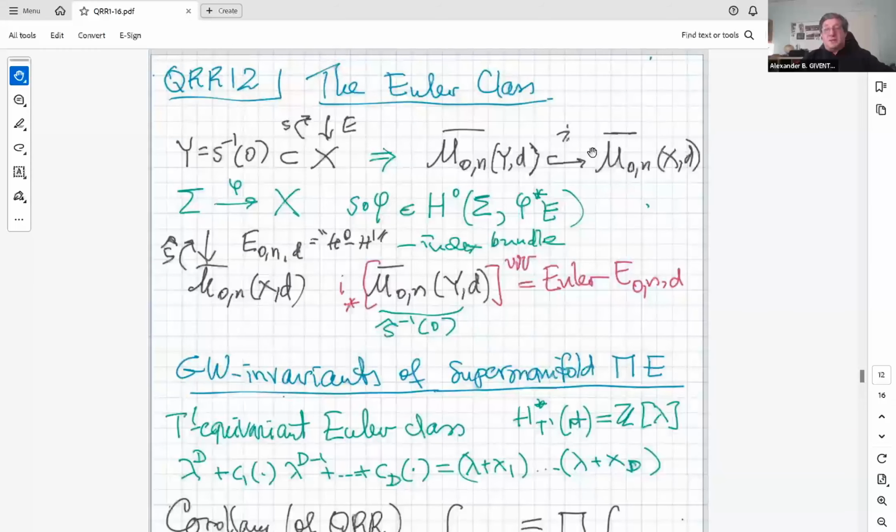Namely, it is the cap product of the virtual fundamental class of this space with the Euler class of the appropriate bundle. So let's see why.